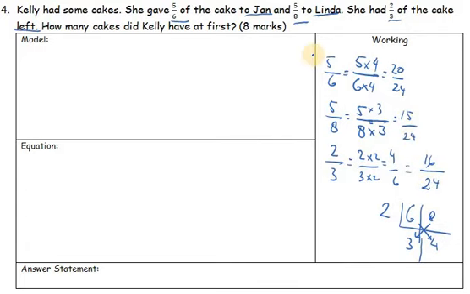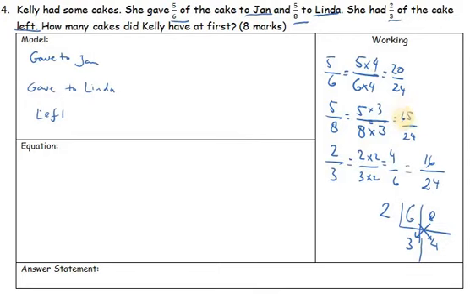Now after that, let's draw the model. Gave to Jan, gave to Linda, and we also have what is left. What we have here is 5 out of 6.